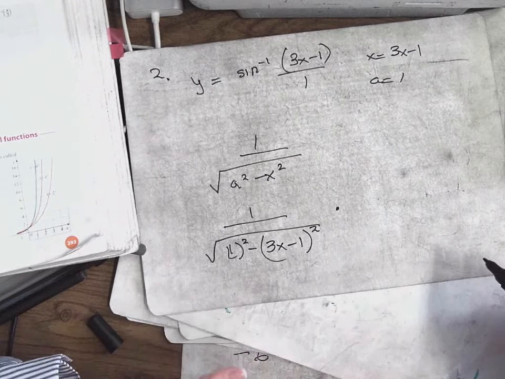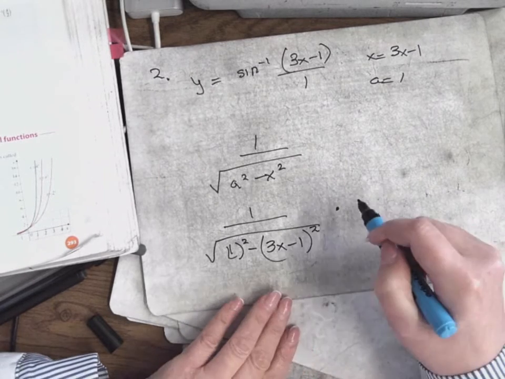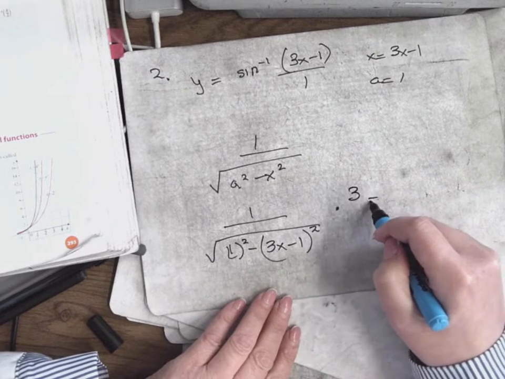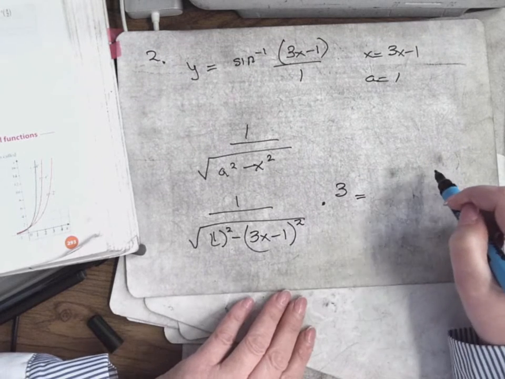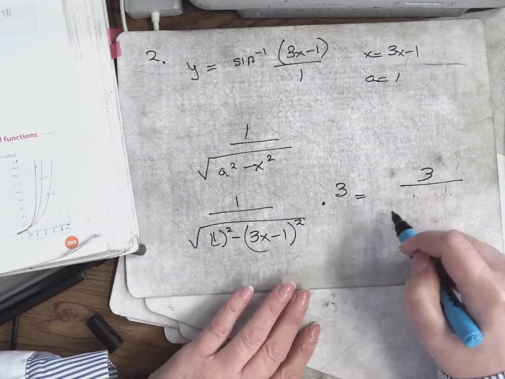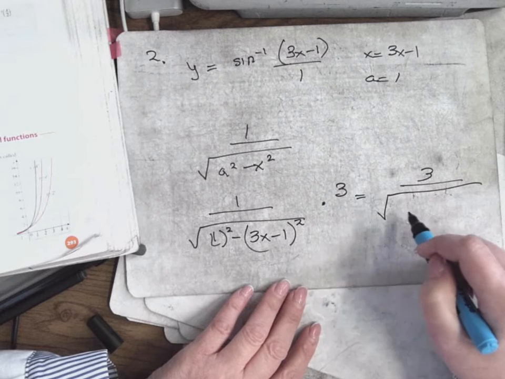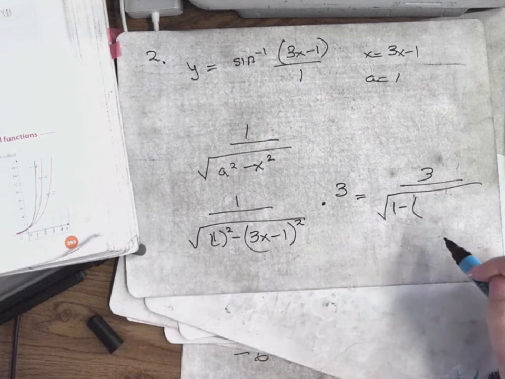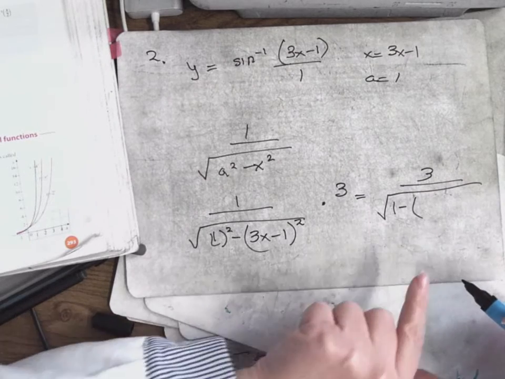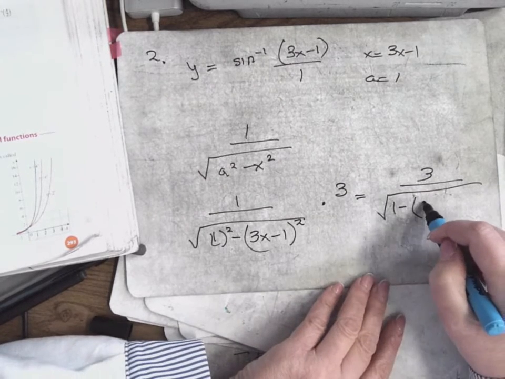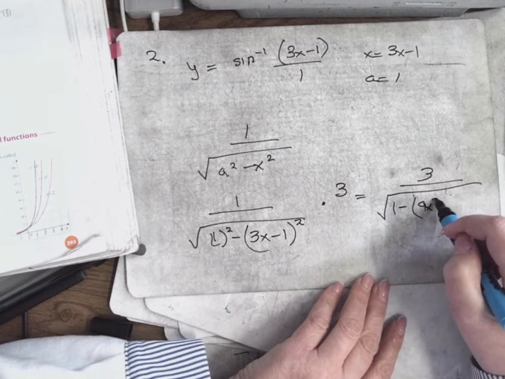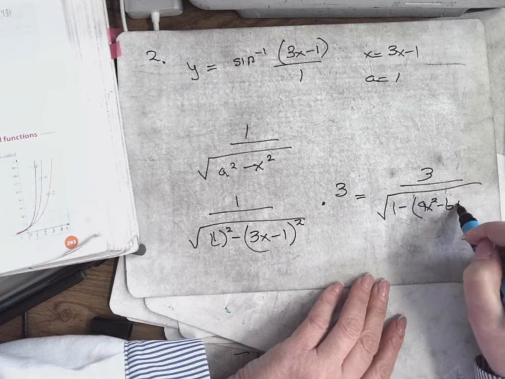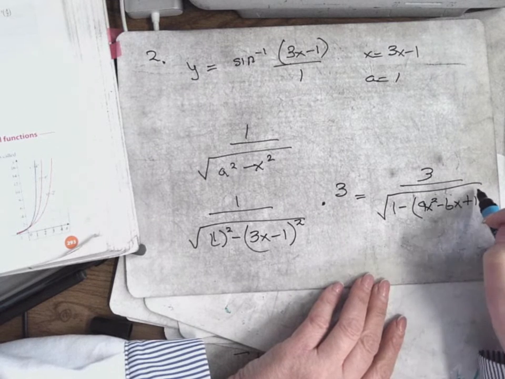So differentiate 3x minus 1 and what you get? 3. Okay, so then I just need to multiply it out and make it into the form they want. So 1 squared is 1 minus, I'm going to put this into a bracket. Square the first, 9x squared, twice the first by the second is minus 6x, the last is plus 1.